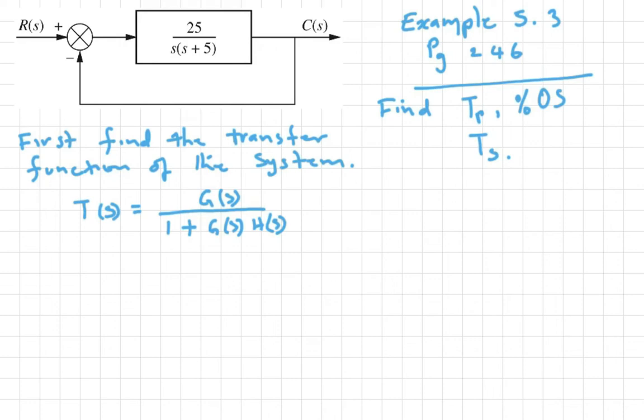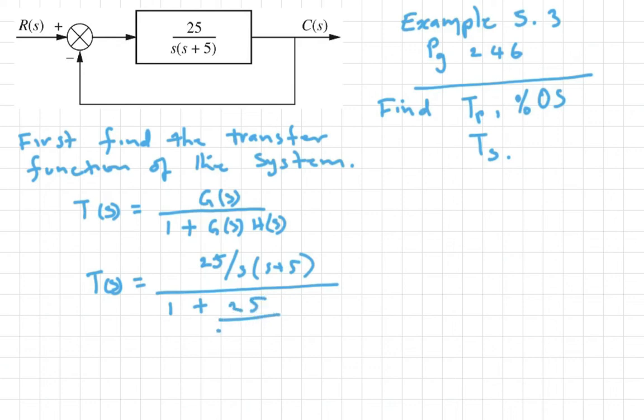If we now substitute this into the equation, we will have our T(s) equal to 25 over s plus 5, over 1 plus 25 over s plus 5, multiplied of course by 1, and this should give you 25 over s squared plus 5s plus 25.